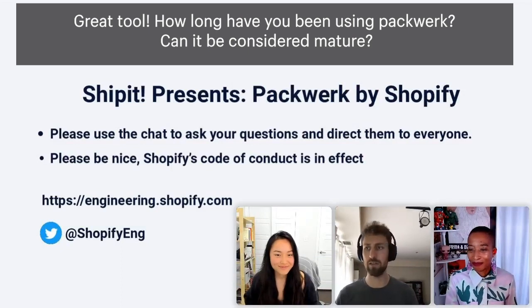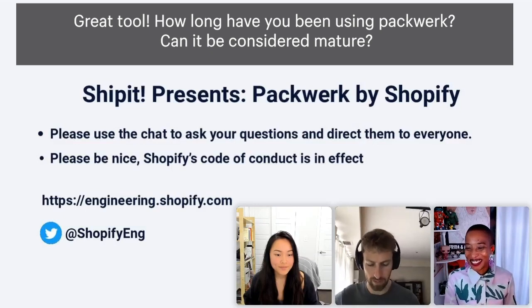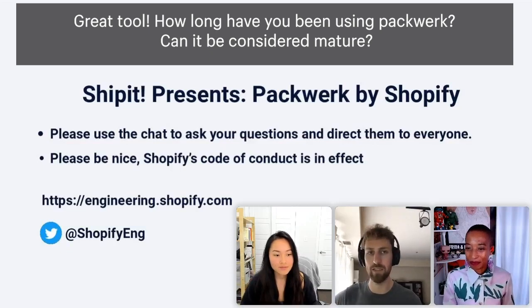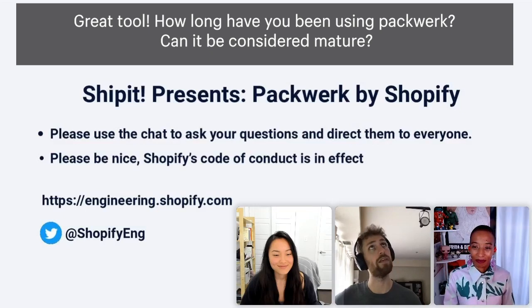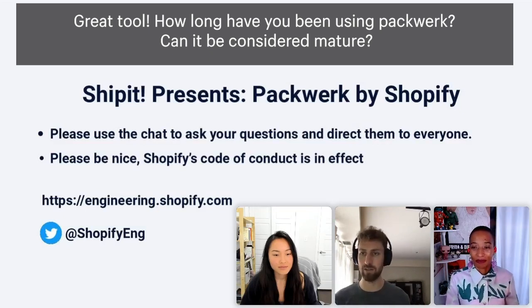Yeah, I think it can be considered mature or stable, but one thing that's important to know, and that's also specified in the documentation in the repo, is that it has some limitations. We designed it in a way that if Packwerk doesn't find violations, that doesn't guarantee that everything is well.